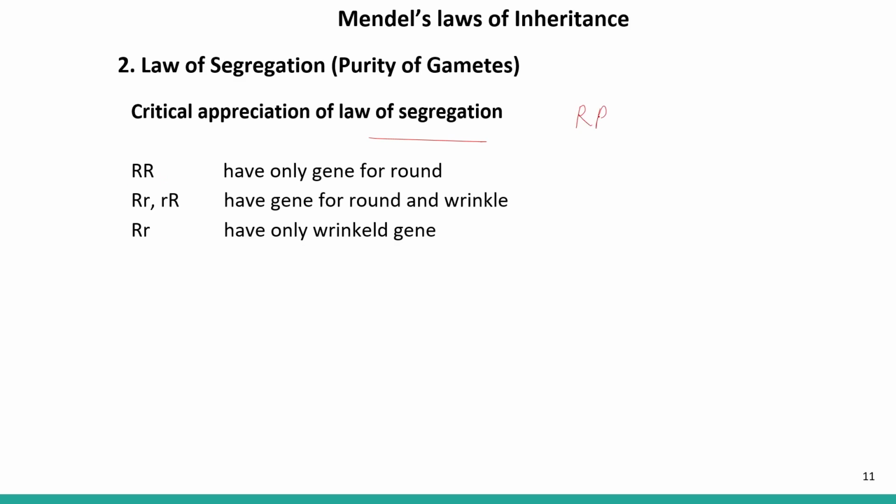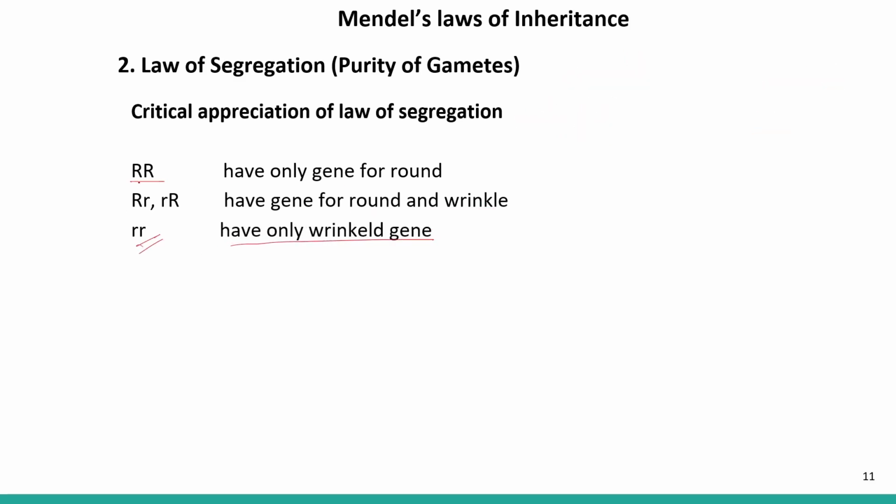So the critical appreciation of the law of segregation, if we take an example, that is capital R, small r at the parent level, then they have one gene for round, and small r for wrinkled, right?